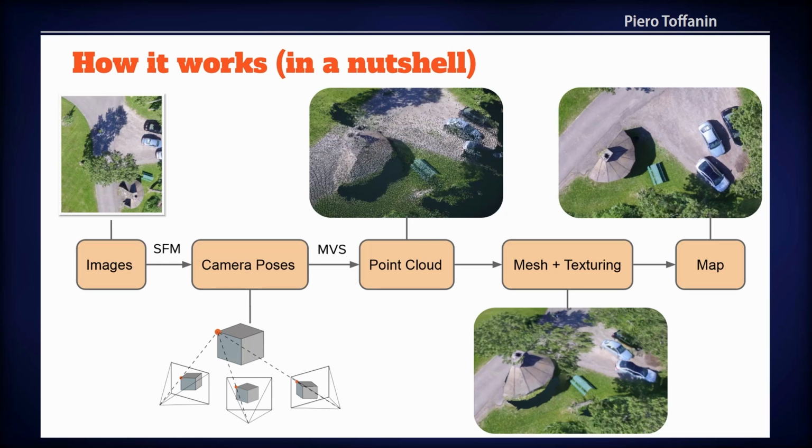This gives us a densified point cloud. From there, we apply algorithms for meshing and texturing, and we obtain a textured mesh. And finally, we take a picture from above, and that gives us our final Earth photo. Plus all the rest, which gives us the georeferencing, the ground control points and rolling shutter correction. But in a nutshell, this is what it does, and it's quite fascinating and magical if you've never seen it.